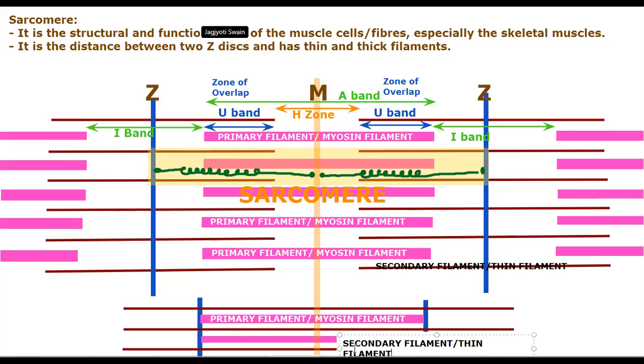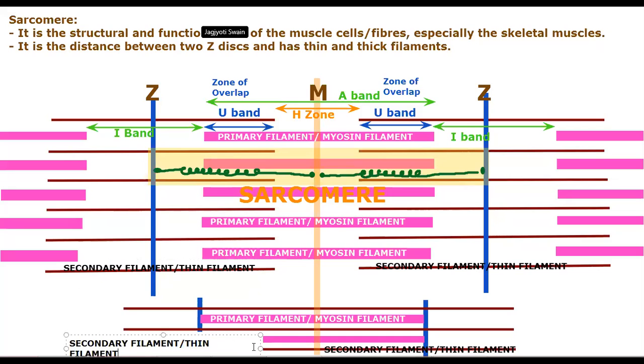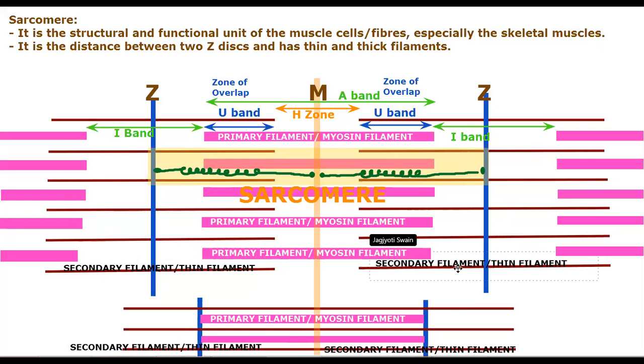Okay, so that it is there on both the sides, and also here. So this is one thing, the same thing. Okay, only its location is different. So it is the same thing located at two different locations. So on that side there is a thin filament and on this side also there is a thin filament. So that is called your secondary filament. Okay, because it came later.